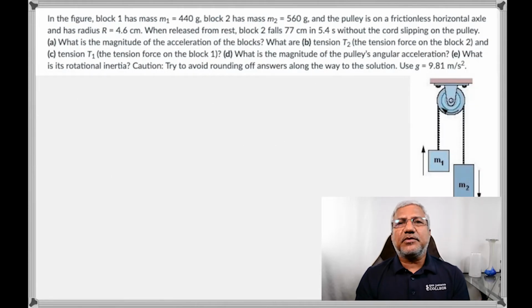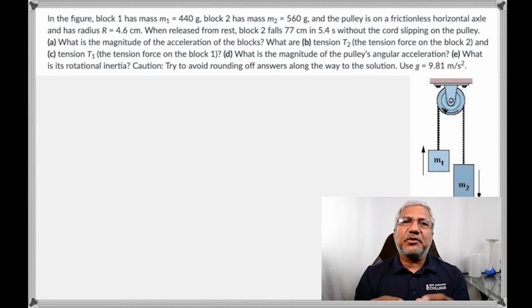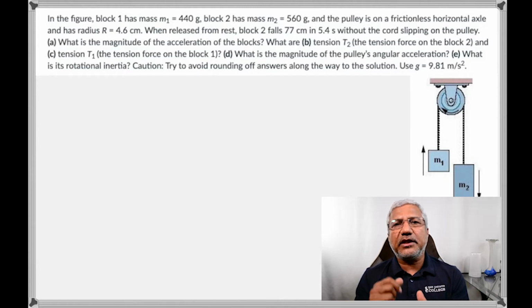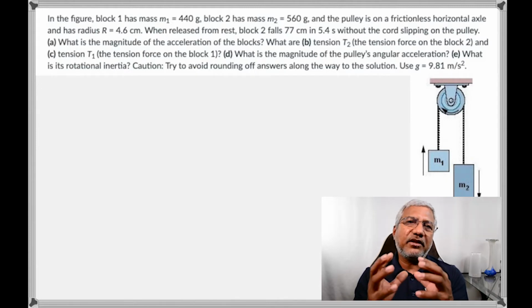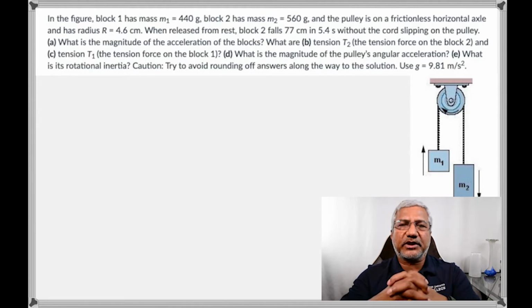Here is question number 2. We've seen this in kinematics, where two objects are connected to a string passing over a pulley. And when we did that question, we totally neglected the pulley. We did not even consider its rotation. But now in this case, we have to consider the rotation.